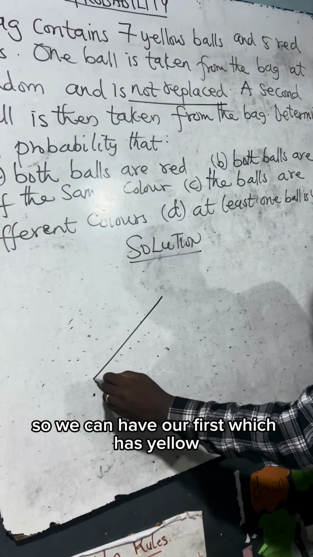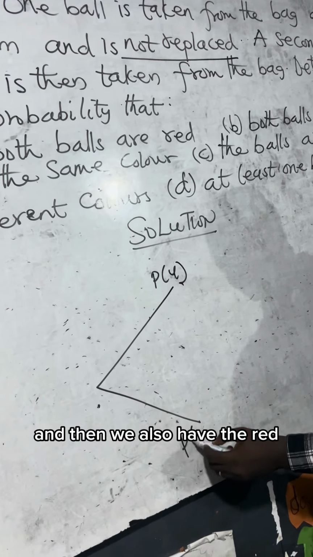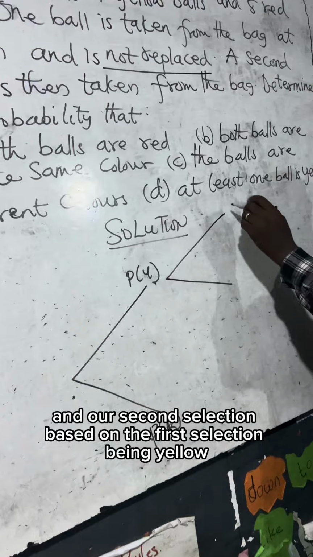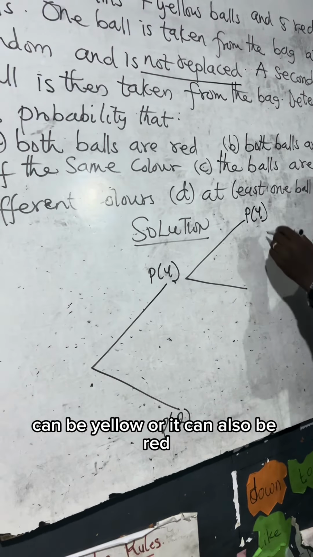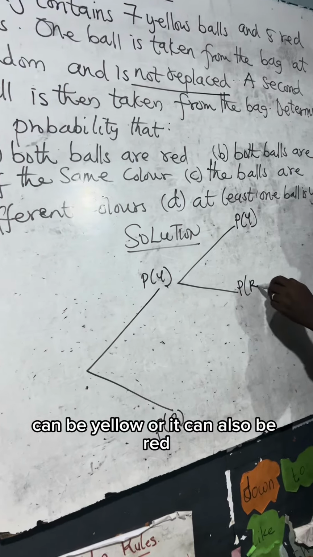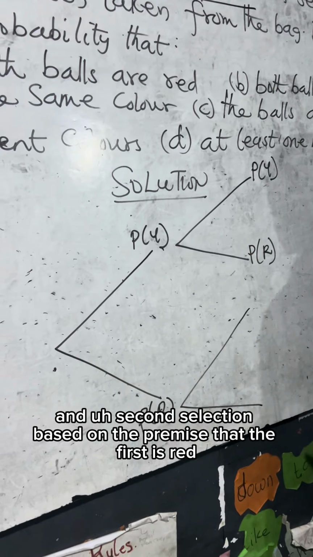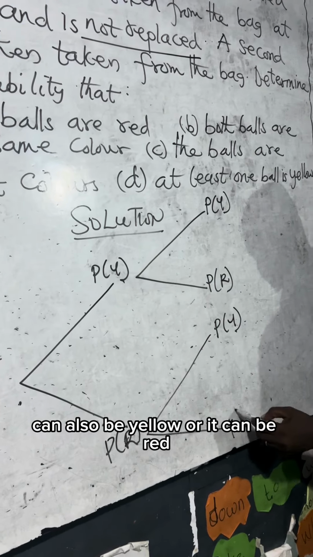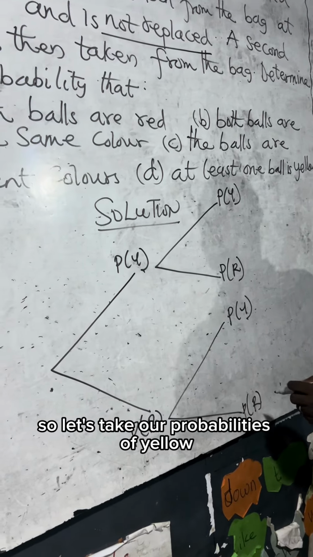So we can have our first, which is yellow, and then we also have the red. And our second selection, based on the first selection being yellow, can be yellow or red. And our second selection, based on the premise that the first is red, can also be yellow or red.